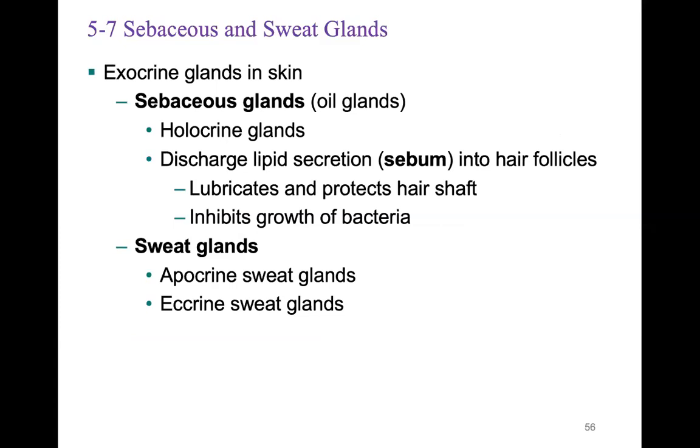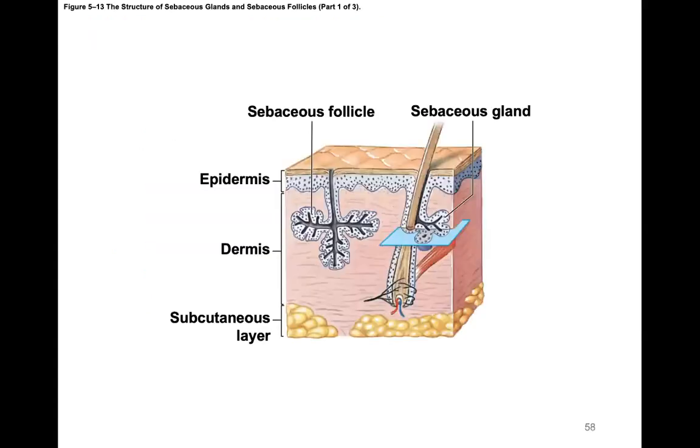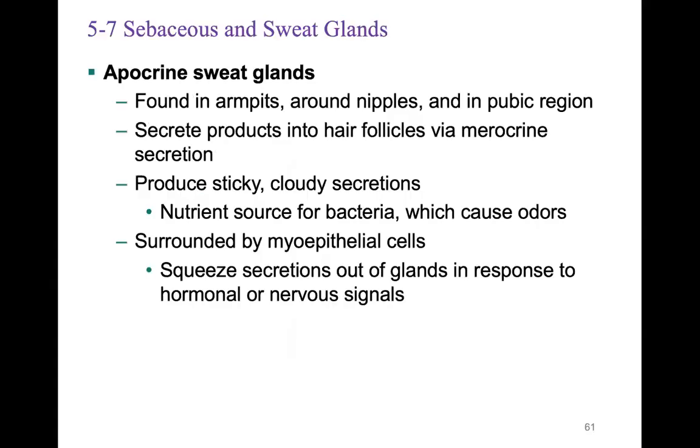Sweat glands, these are apocrine or eccrine sweat glands. The apocrine sweat glands are going to be found in the armpits, around the nipples and pubic region. They are actually going to produce more of a cloudy and stickier secretion.